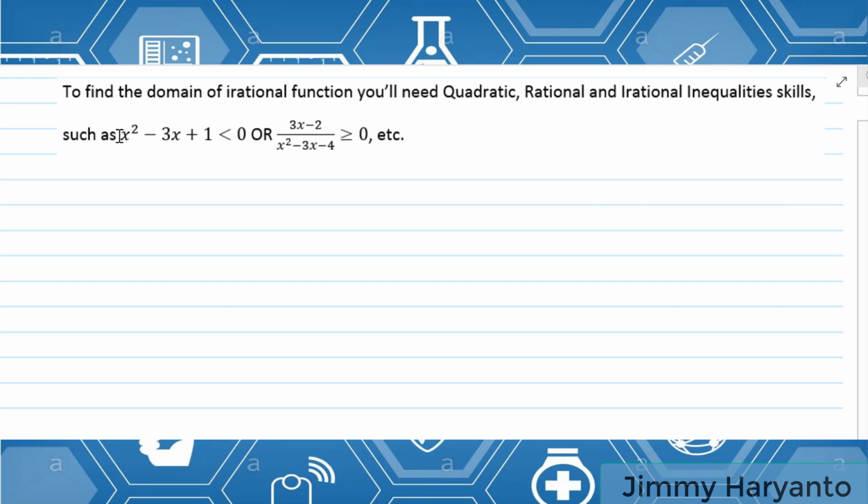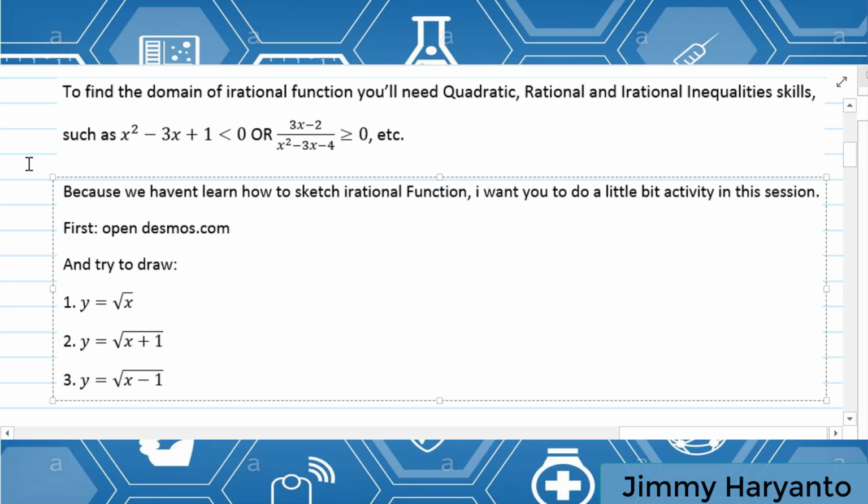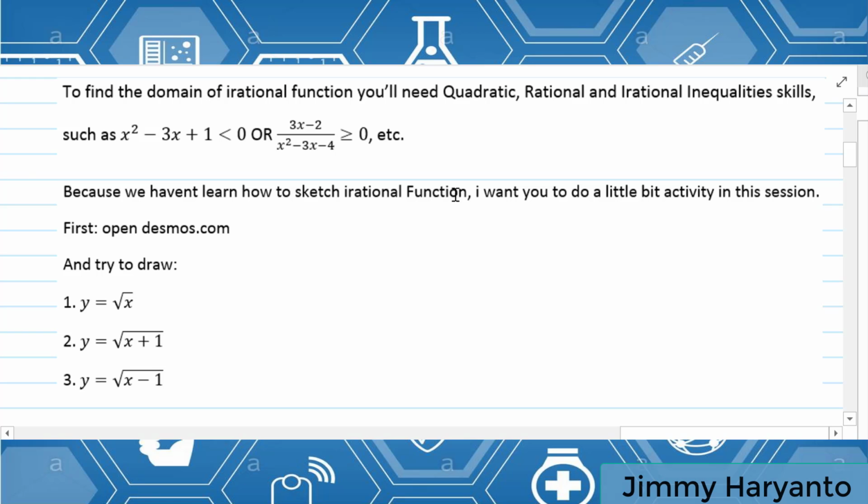So the calculation will be like this: x squared minus 3x plus 1 less than 0. You will have to use quadratic inequalities, or maybe like this, that will be rational inequalities. Next, because we haven't learned how to sketch irrational functions, I want you to do a little bit of activity in this session so you know how the graph will be.